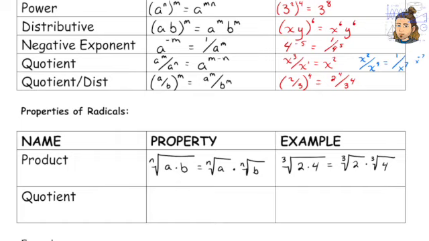Not terribly useful in this case, but you can see how it works. We can also do the same thing with a quotient. Quotient means division. So if we have the nth root and we have a divided by b, we can write that as the nth root of a divided by the nth root of b.